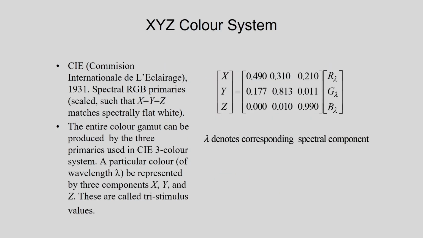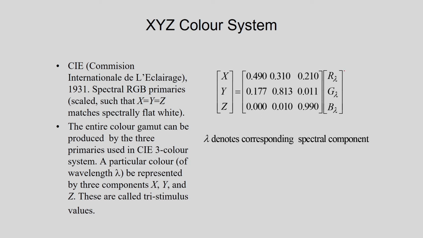Now I will discuss some color models. The first color model is the XYZ color model. You can see this matrix. This is experimentally found by the CIE, the International Commission on Illumination, and in this case the entire color gamut can be produced by three primaries.